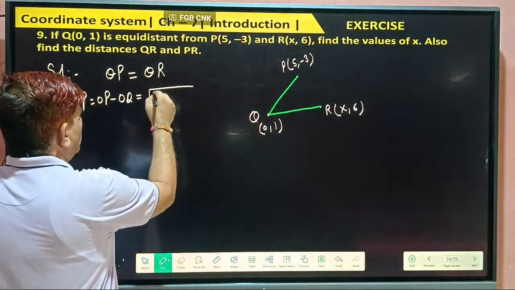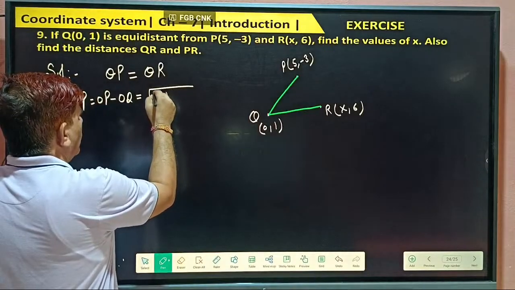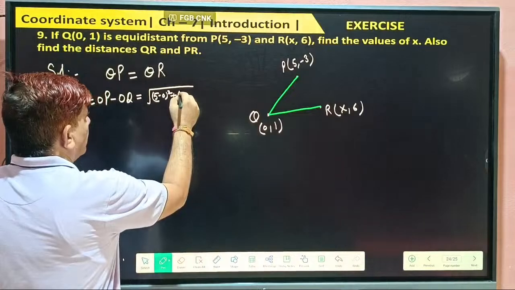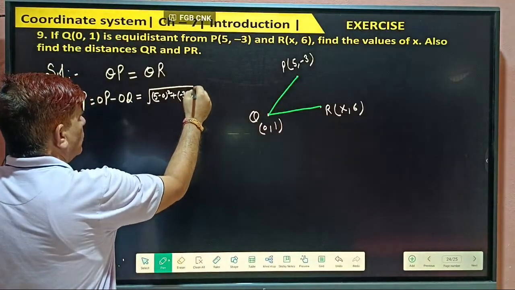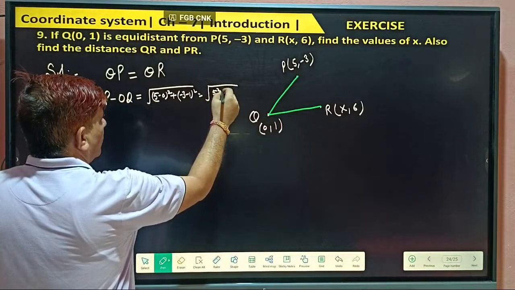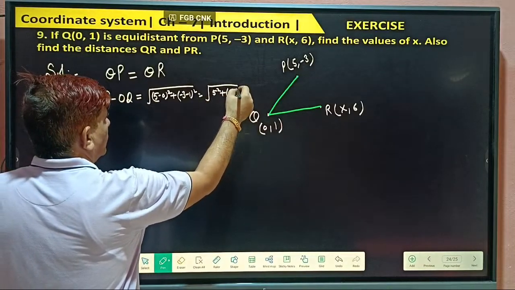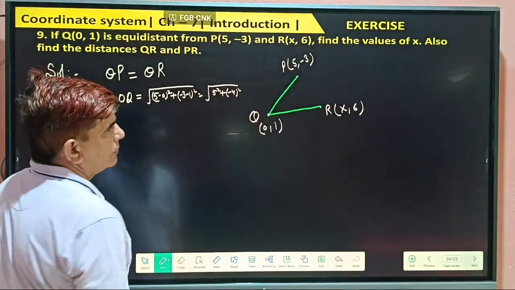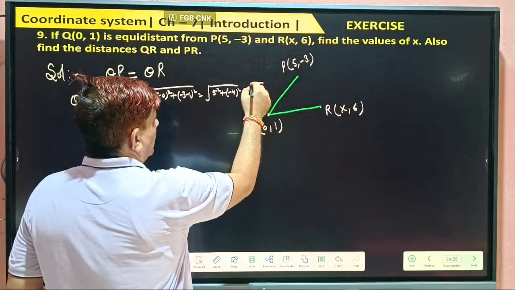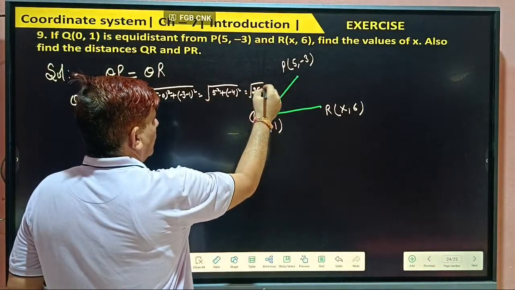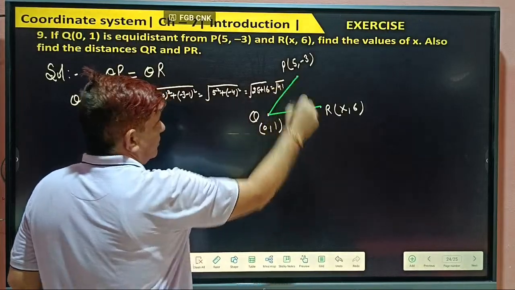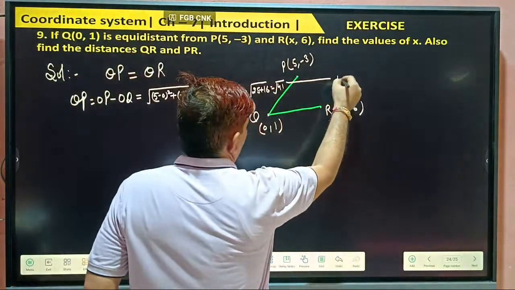Under root (5 minus 0) whole square plus (minus 3 minus 1) whole square is equal to what? 5 square plus minus 4 square. Or this we can write as under root 25 plus 16, which is equal to under root 41. This you can say is 1.